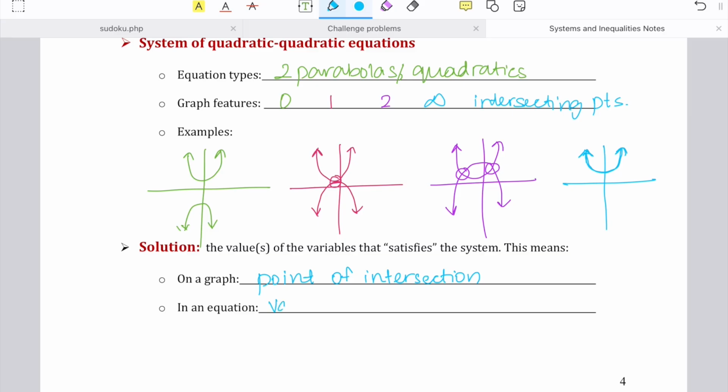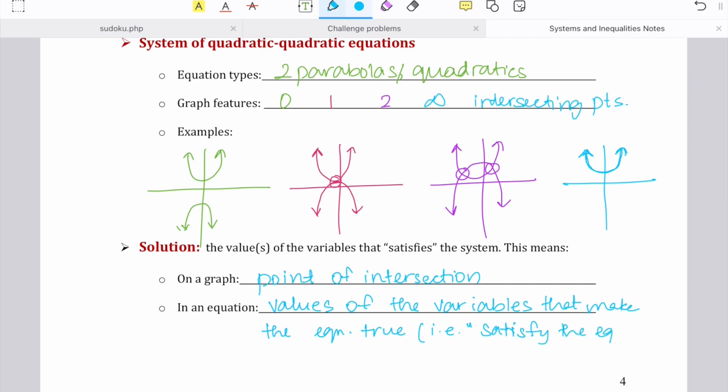And in an equation, it will be the values of the variables that make the equation true. That means they satisfy the equation.